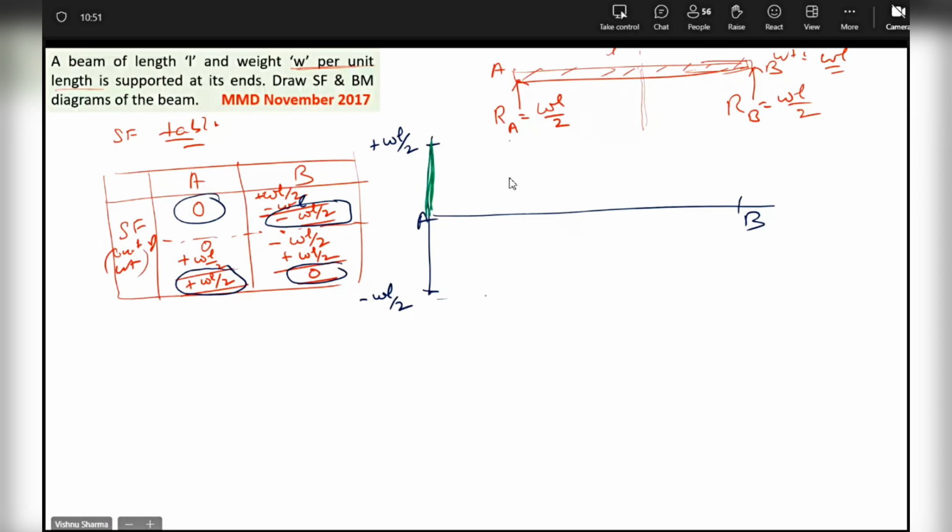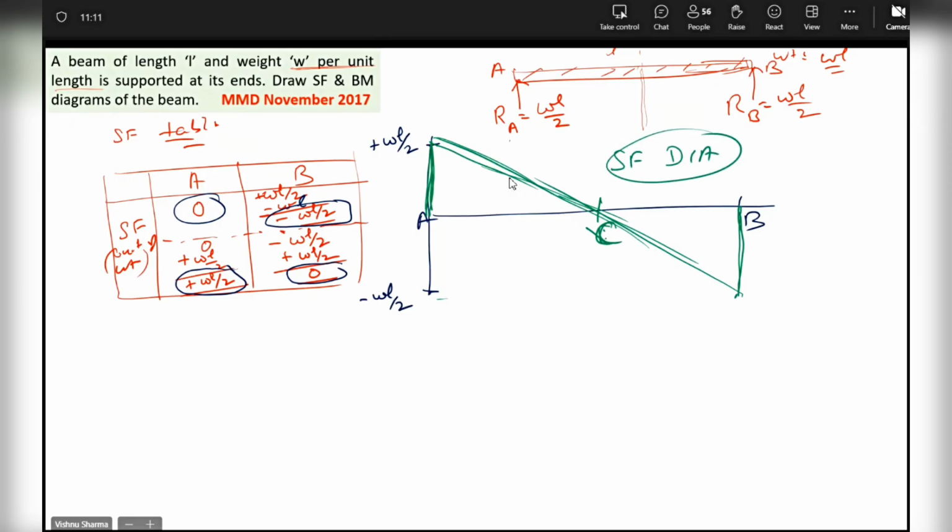At B, it goes from minus WL by 2 to 0. And then you join them with a straight line because it is changing at a uniform rate of W units per unit length. It will cross the x-axis at center or C, whatever you want to call it. This is the SF diagram, guys, and C has been written after the diagram has been drawn. Is the SF diagram okay?